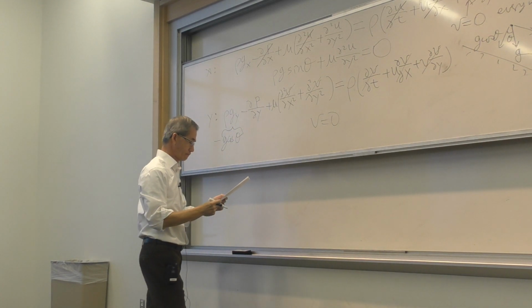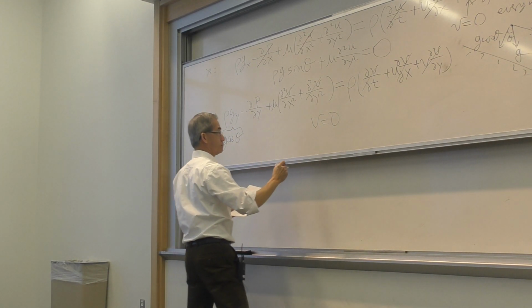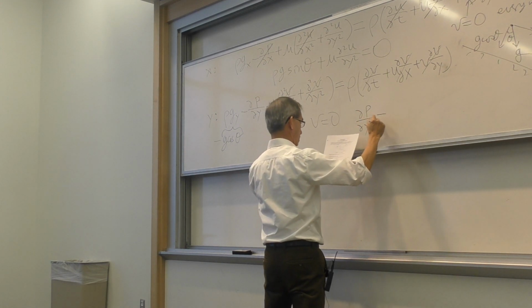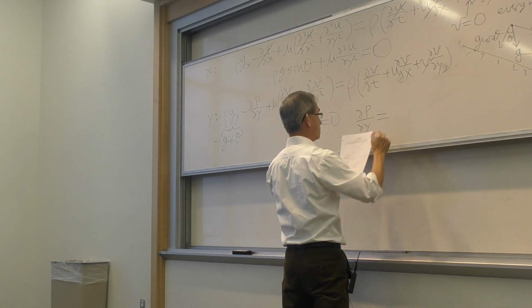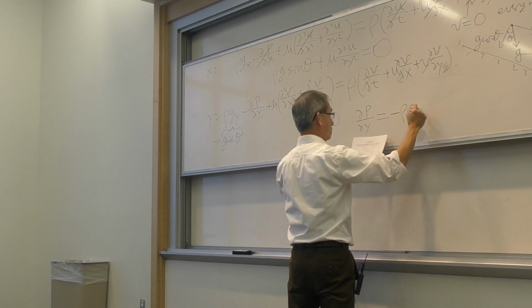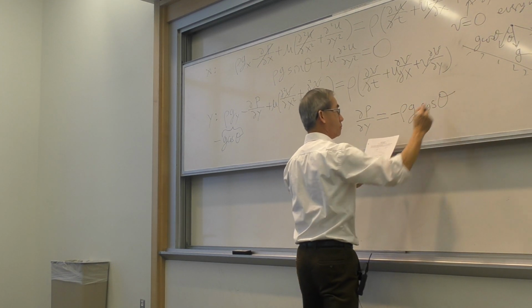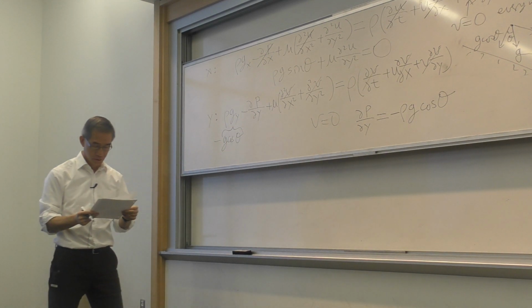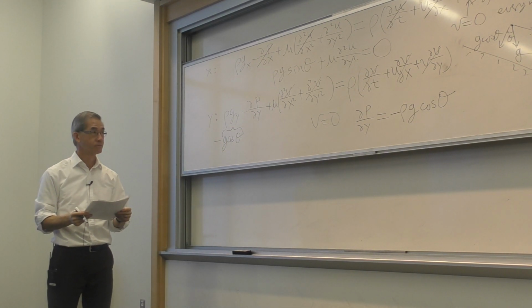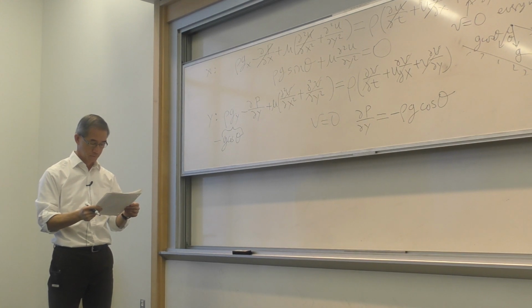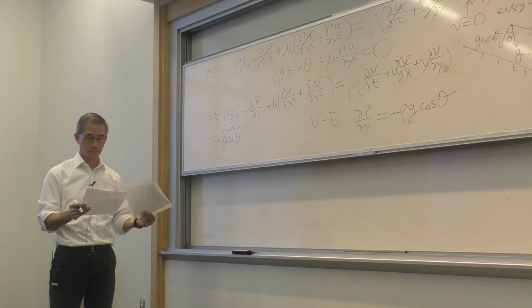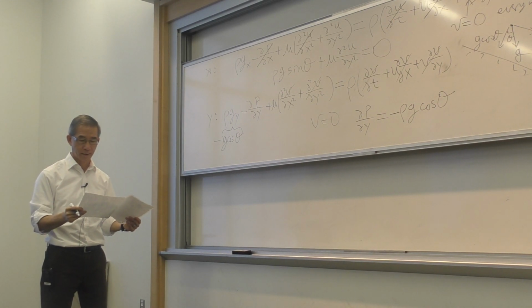So what's left? What's left is rho g cosine theta. Question on that?